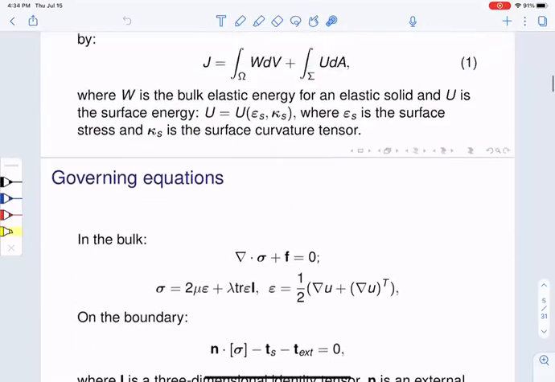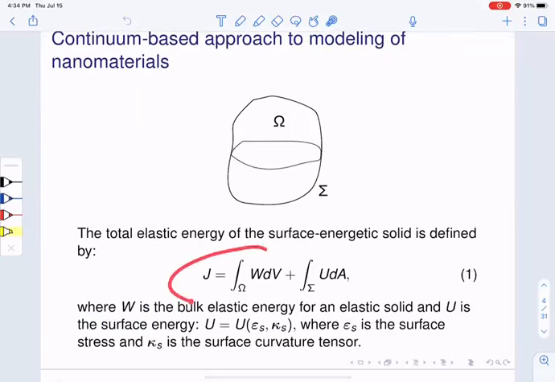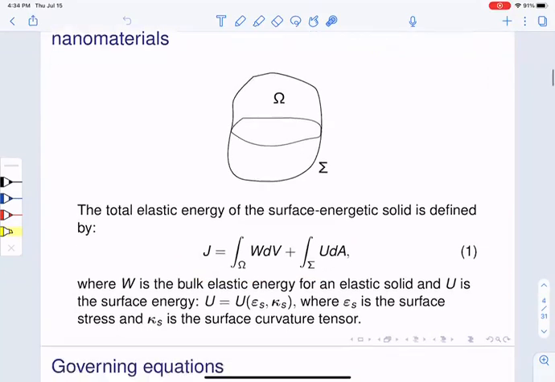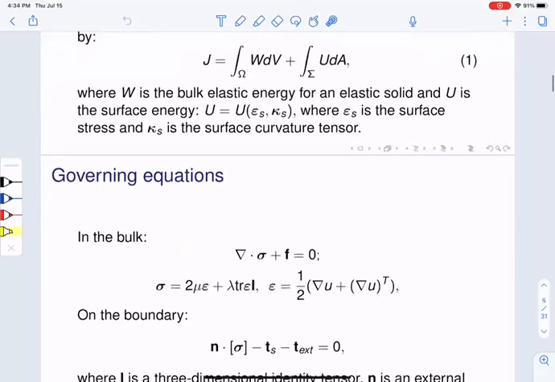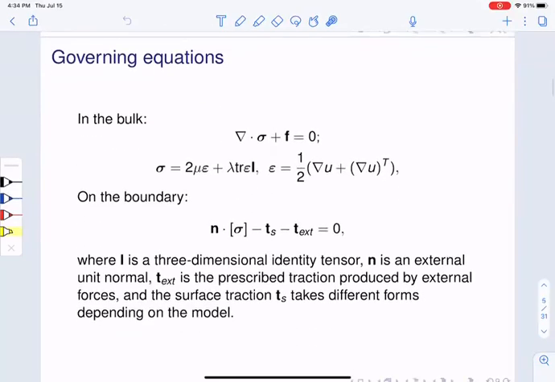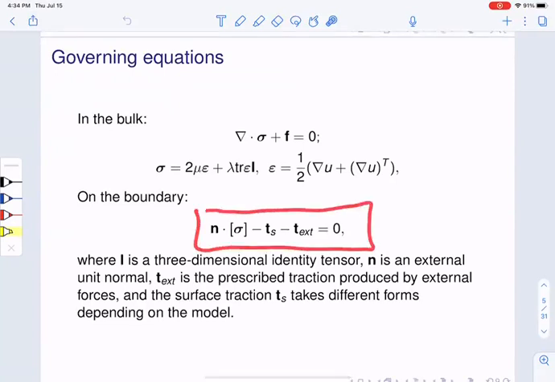When we deal with this functional, we can use calculus of variations or the surface divergence theorem to reduce this functional to governing equations. The governing equations in the bulk will be just the standard linear elasticity equations, and on the boundary we have a boundary condition of this form.